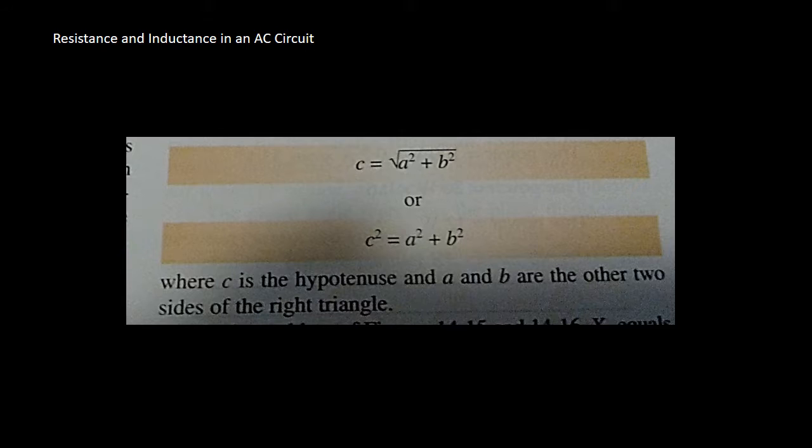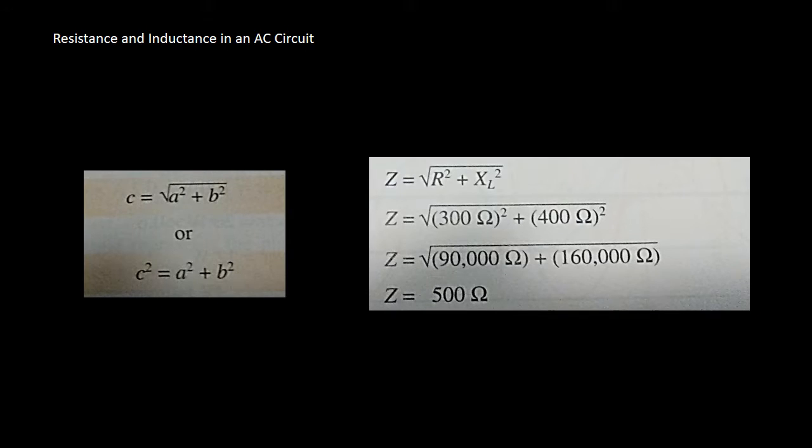In the problem figures 14-15 and 14-16, XL equals 400 and R equals 300. Find the impedance Z. Using the formula, Z equals the square root of R squared plus XL squared.